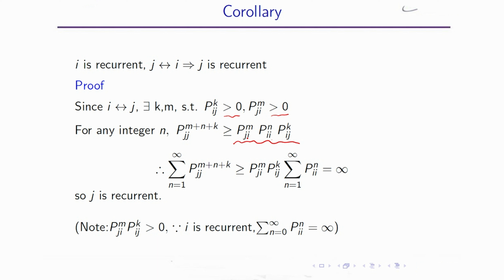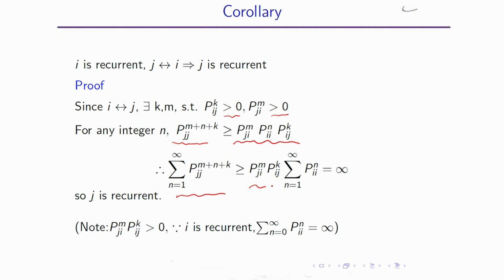We start from j, and after m steps we go to i, and after n steps we stay in i, and after k steps we go back to j. This is simply one possibility. So the probability of this is greater than or equal to this probability. So if we take the summation on both sides, this is the left-hand side, and we take the summation over n, right?